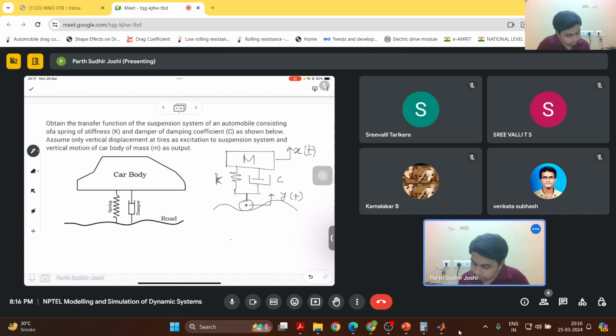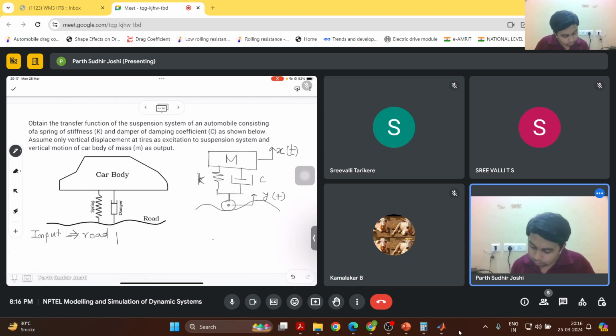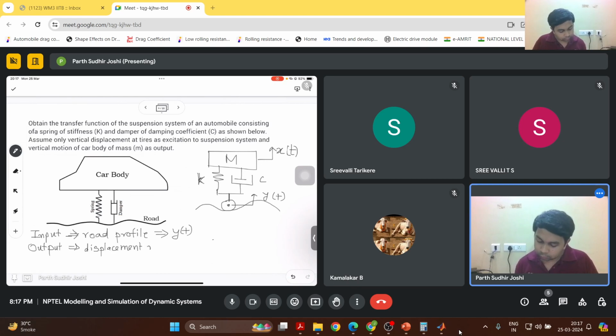Our input is basically the road profile, which is y of t, and our output is the displacement of the car body, which is x of t.